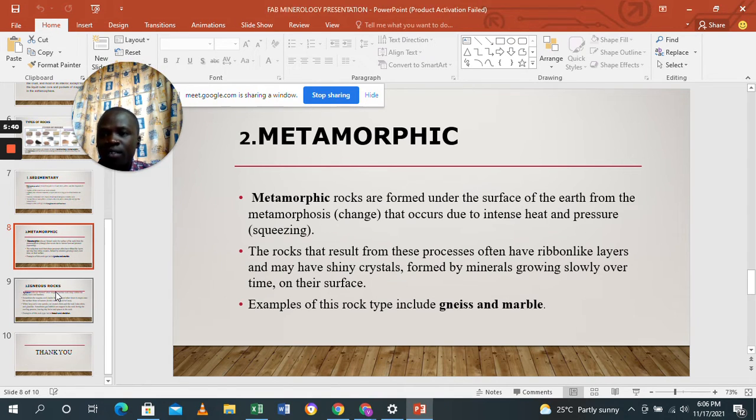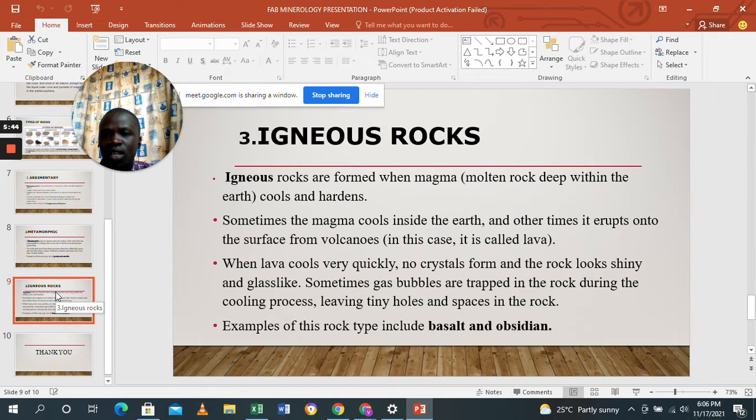Finally, we have igneous rocks. Igneous rocks are formed when magma or molten rock deep within the earth cools and hardens. When we talk of igneous rocks, we talk of magma, which mostly occurs in regions of volcanic eruption.